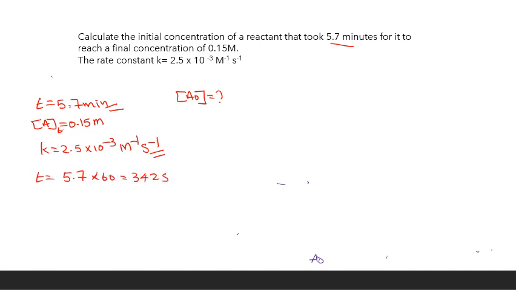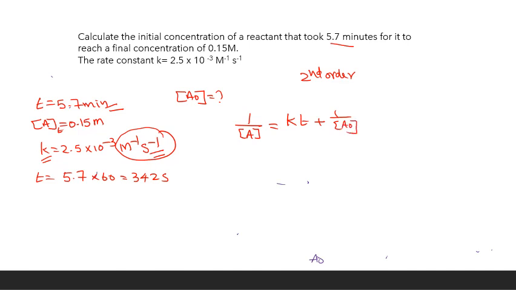And now which formula will I use? It's not mentioned which order this reaction is. But I know the K, the rate constant, and I have the unit given. So from the unit, I will figure it out. So the formula should be for second order. So the formula is 1 over concentration A equals Kt plus 1 over concentration A0.